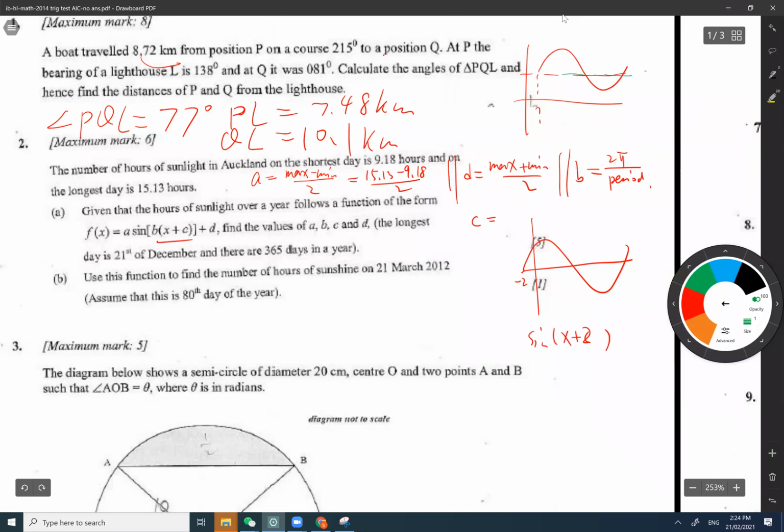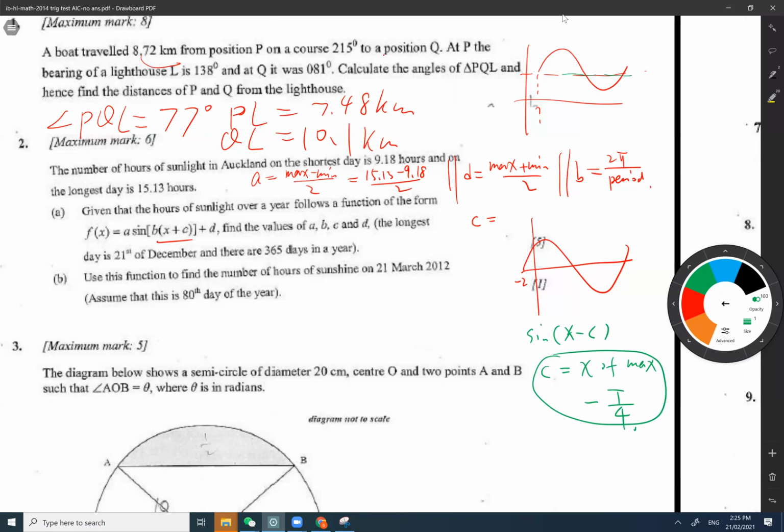The longest day. Our teacher in class also didn't explain clearly how to find C. This is C. Normally, for our formula, we say sine x minus c, for example. This C equals the x value of maximum minus quarter period.